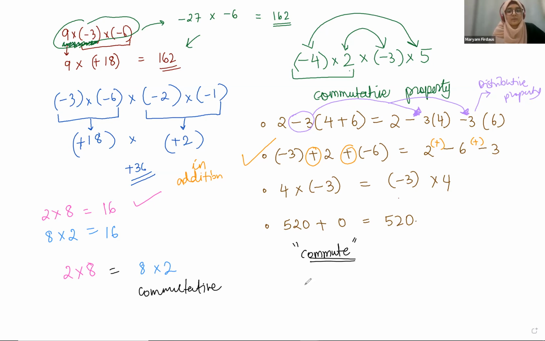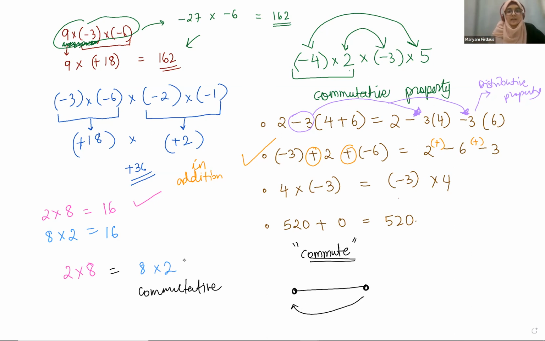So commute basically means to go from one place to another place. And usually it is used in the sense that you also come back from that place. So when we are saying commutative property, it means that whether you go this way or that way, the value of it is going to be the same.